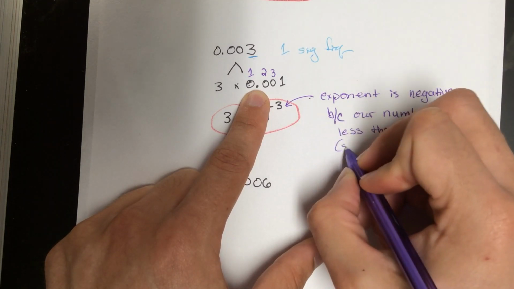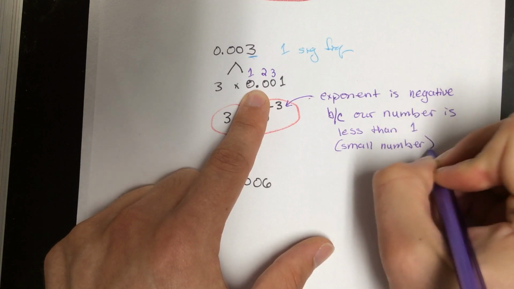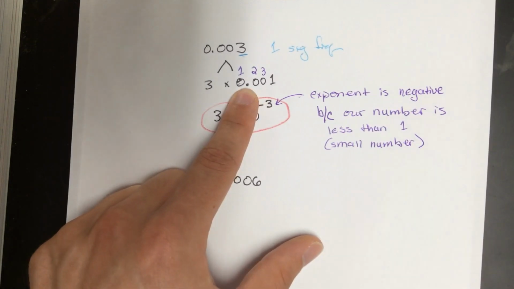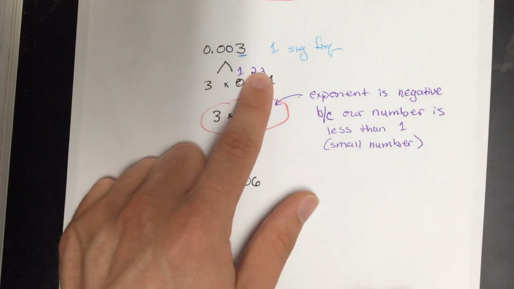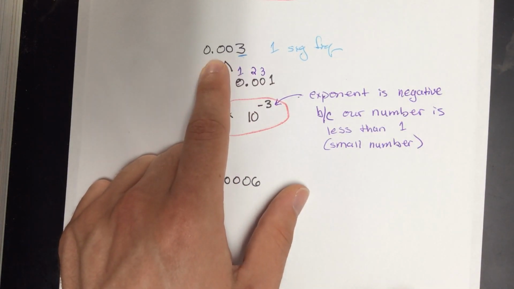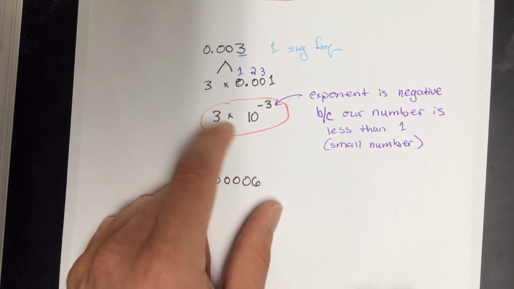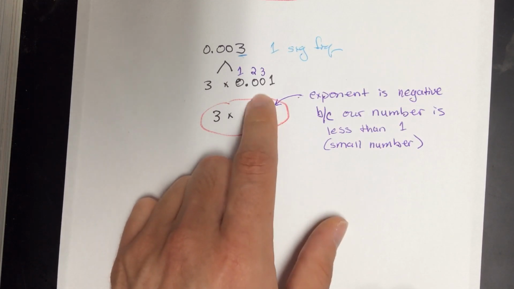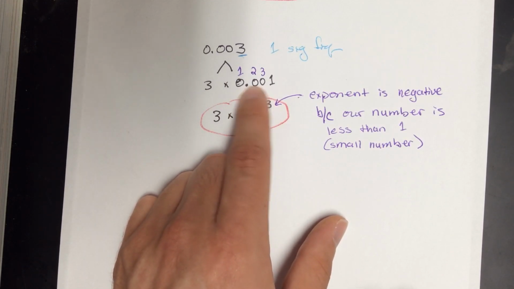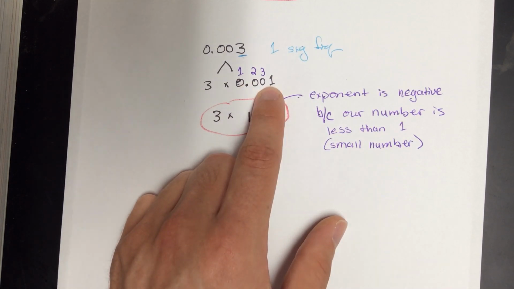It is a small number that we are writing using scientific notation. Okay? So whenever your number that you're writing is a small number, less than 1, your exponent is going to be negative. Nothing about the number is negative, just the exponent of 10. And that goes back to the fact that when we counted our zeros, we started in the ones place and counted right instead of counting left.